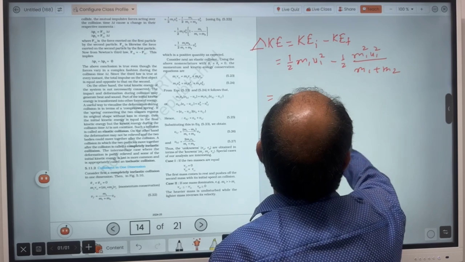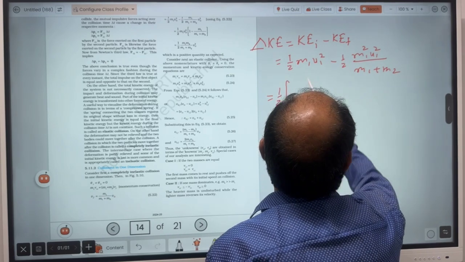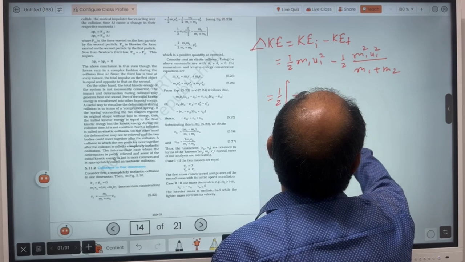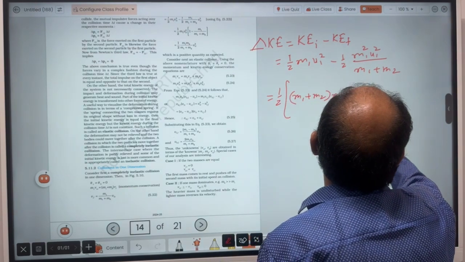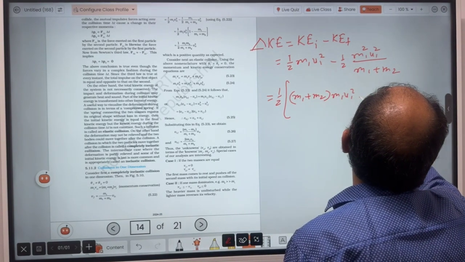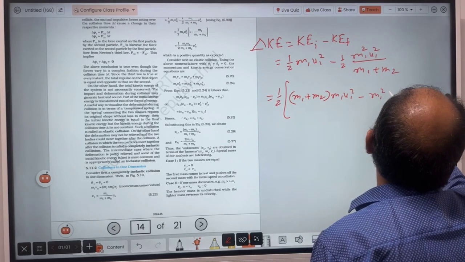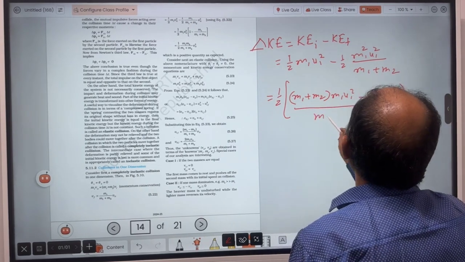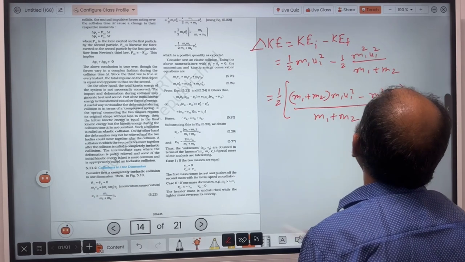So if we take the LCM, we can keep 1 by 2 outside. This will become (m1 plus m2) times m1 u1 square minus m1 square u1 square, whole divided by (m1 plus m2).